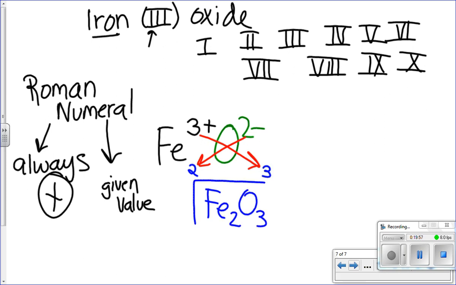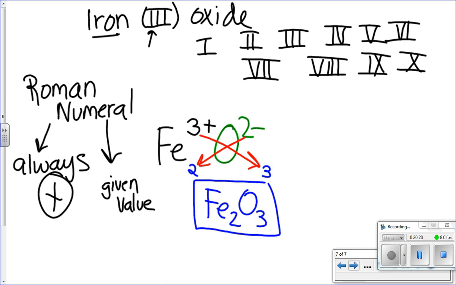Fe2O3. That is our formula for iron 3 oxide. Iron 3 oxide. Okay, pretty easy? Yes. Good.